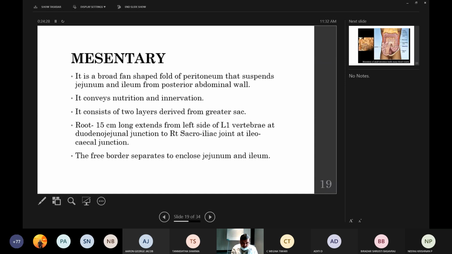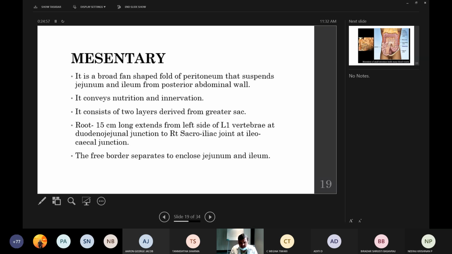Just as the spleen is suspended by various ligaments, which are folds of peritoneum, the jejunum and ileum are suspended by the mesentery. It also conveys nutrition and innervation to the intestine.